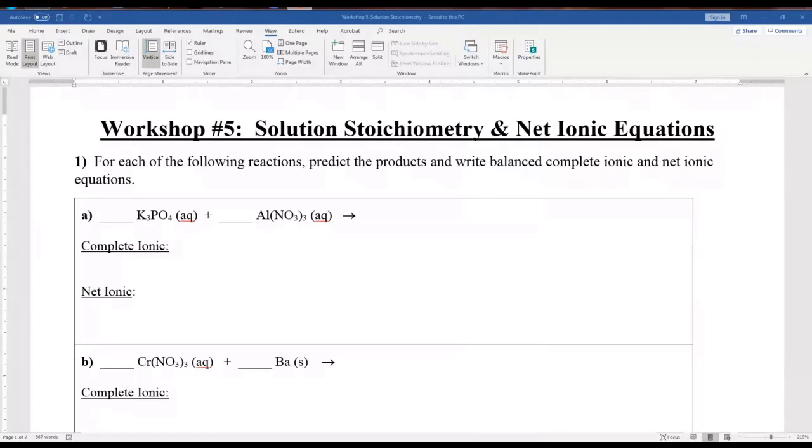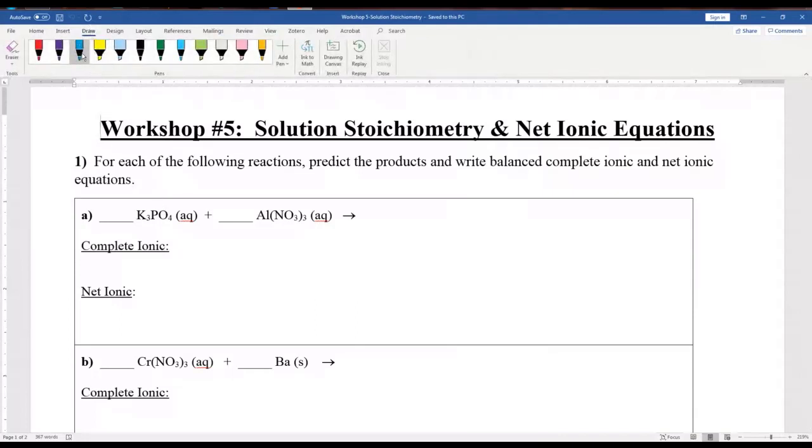Well, my first reaction is that since they're both ionic, I'm going to do double replacement, and so it's going to be some amount of potassium with some amount of phosphate. So it's going to be potassium phosphate and aluminum nitrate, and then I'll go back and balance them.